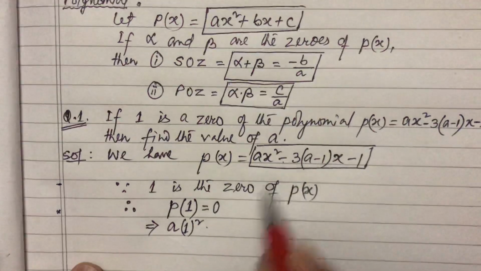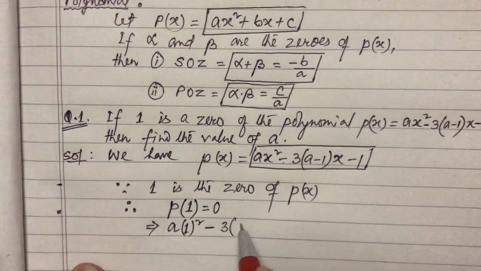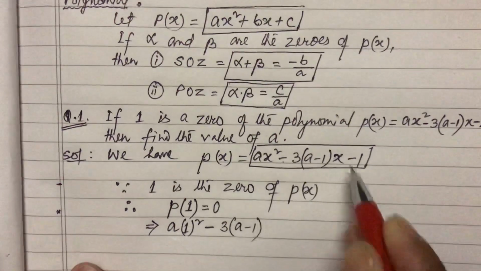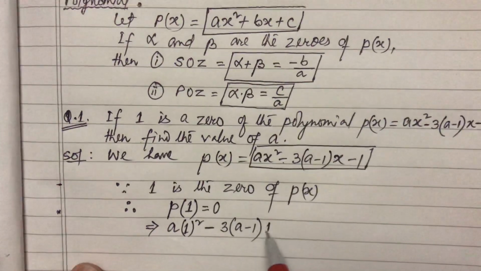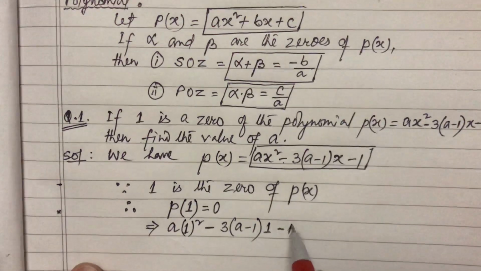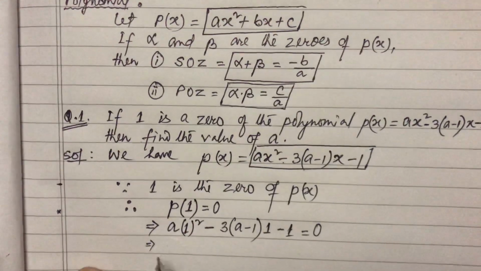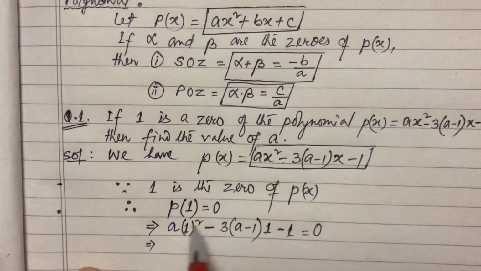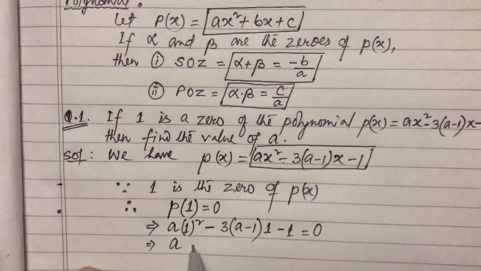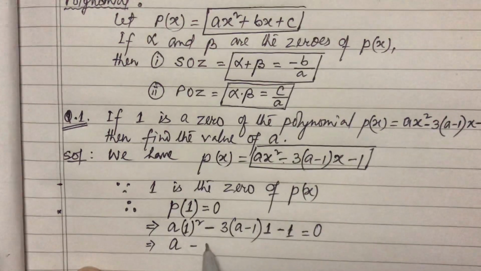Then we have minus 3, a minus 1 x by 1 again. Then we have minus 1 equal to 0. Now if we proceed further, we get 1 square as 1. So a, now we can multiply here 3 into a.